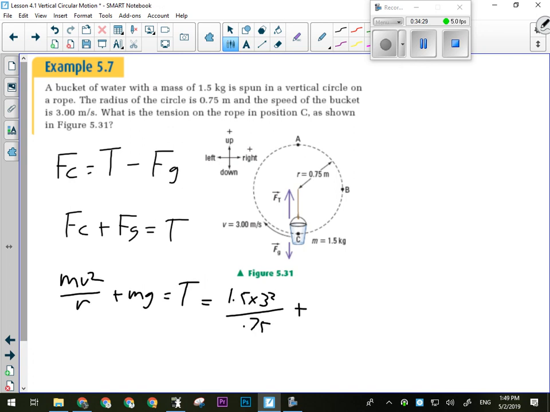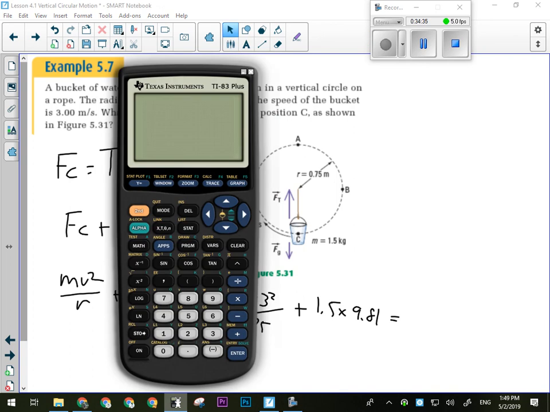And I'm going to add that to 1.5 times 9.81, the weight or the force of gravity acting on it. So we got 1.5 times 9 divided by 0.75, and then we're going to add that to 1.5 times 9.81. The tension in the rope is going to be 32.7 newtons.